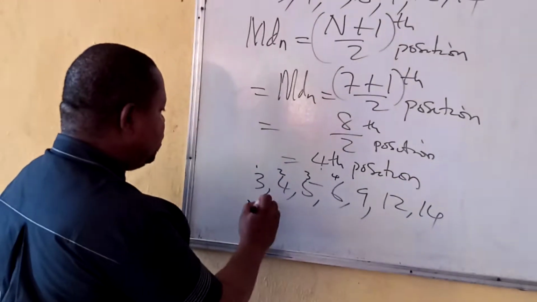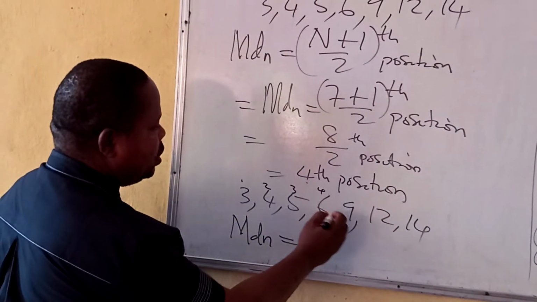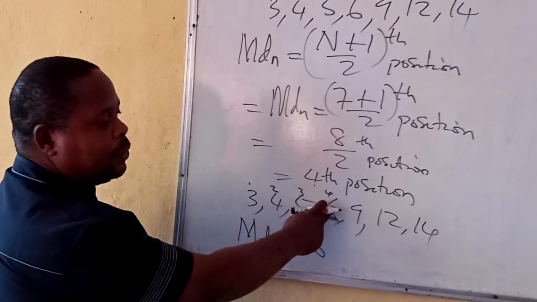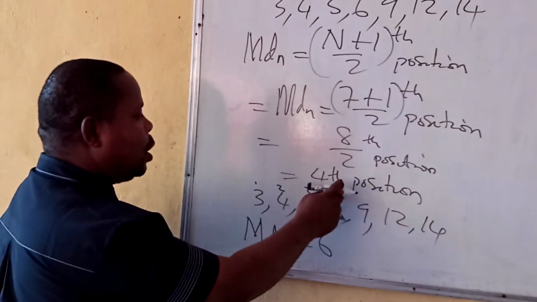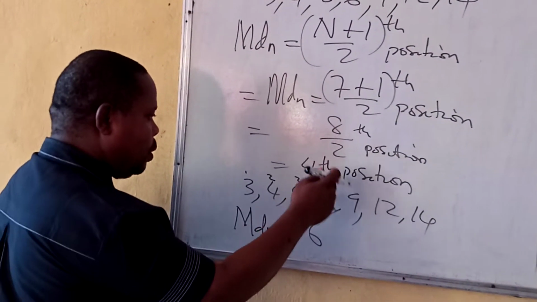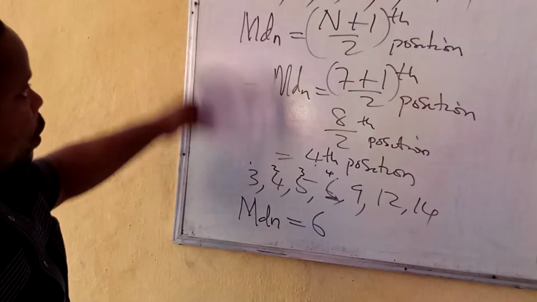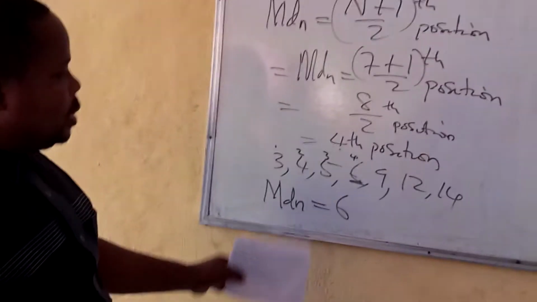Therefore, the median of this data is equal to 6.